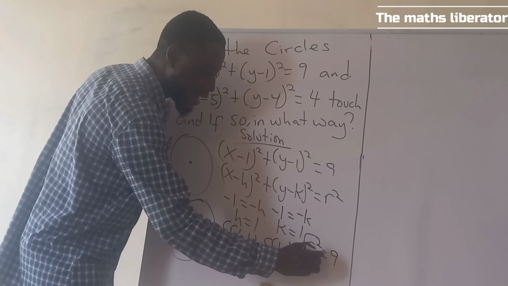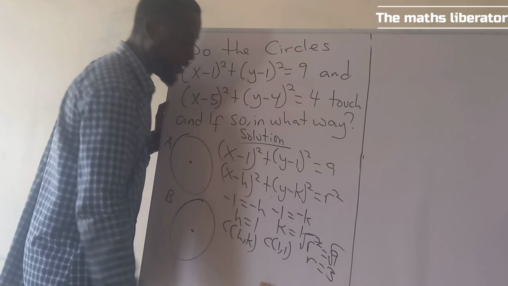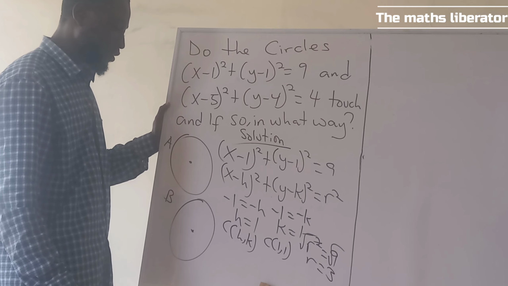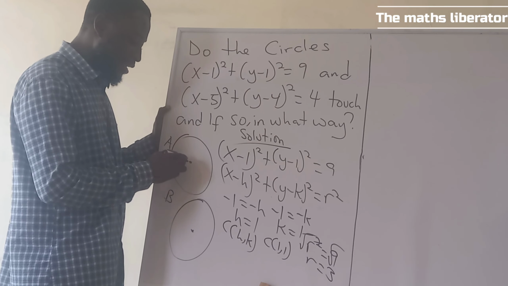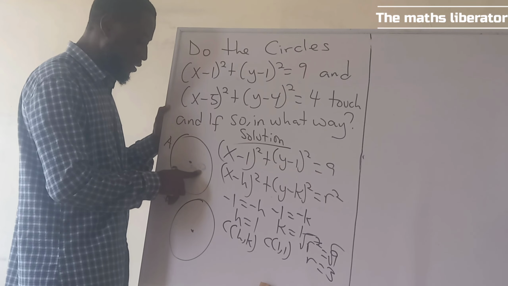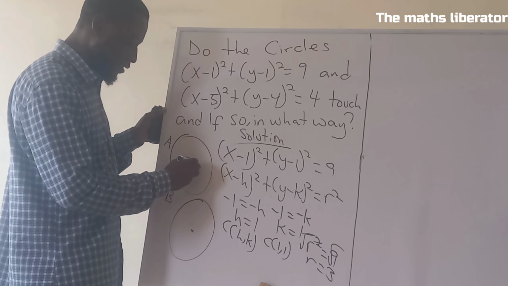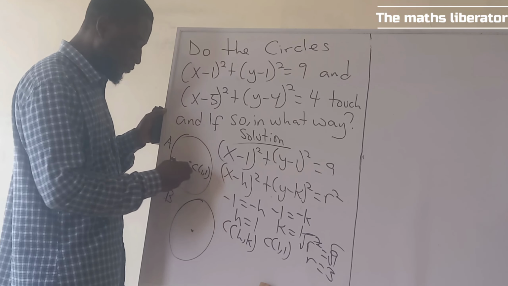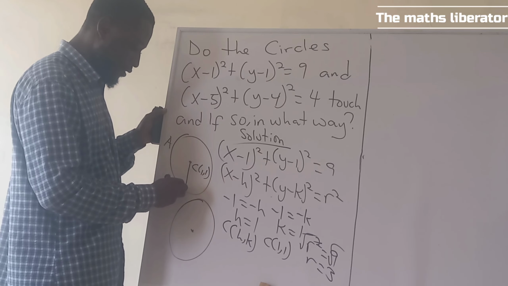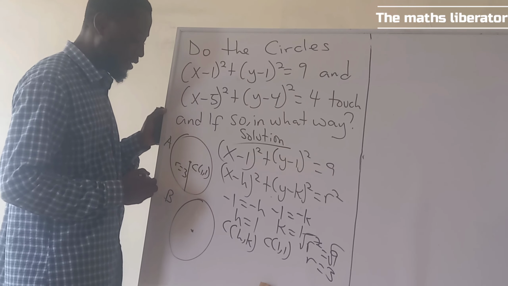You square root both sides, so r is 3, since the square root of 9 is 3. So for the first circle A, the center C is (1, 1) and the radius r is 3.